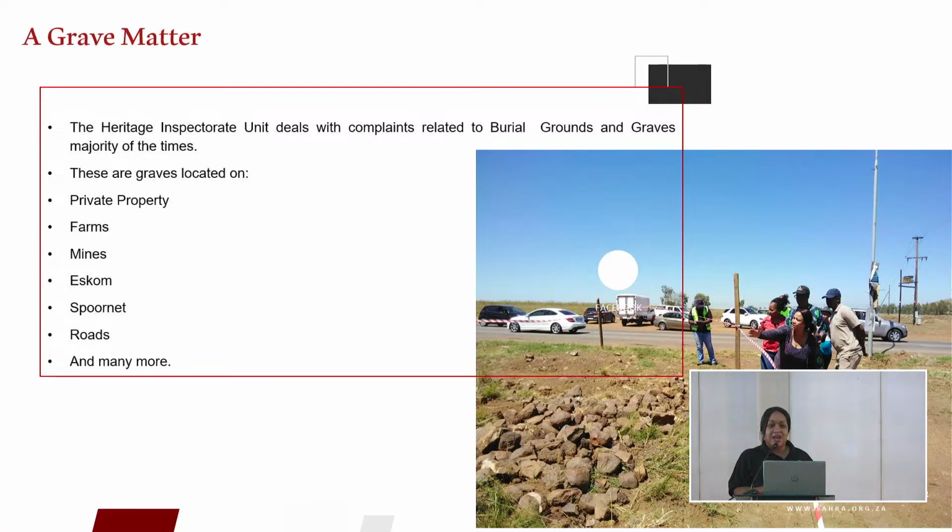So, a grave matter as today's subject: we deal with graves located on private property. Sometimes you buy a house only to find out that there is a grave, and sometimes they demolish the grave without the necessary permits, or they don't know how to proceed. We had a case where they bought a house and literally built back rooms on top of a grave. The lady was aware there was a grave when she bought the house, because she was desperate then.